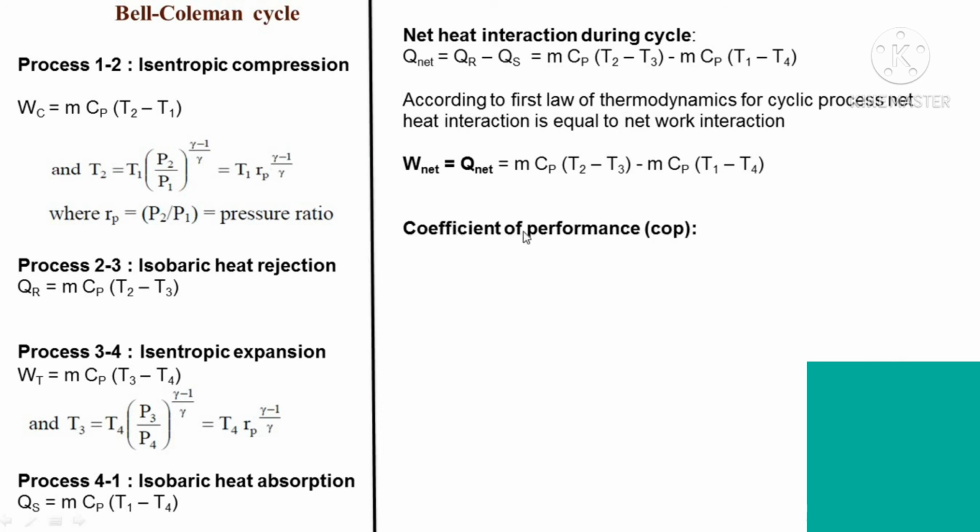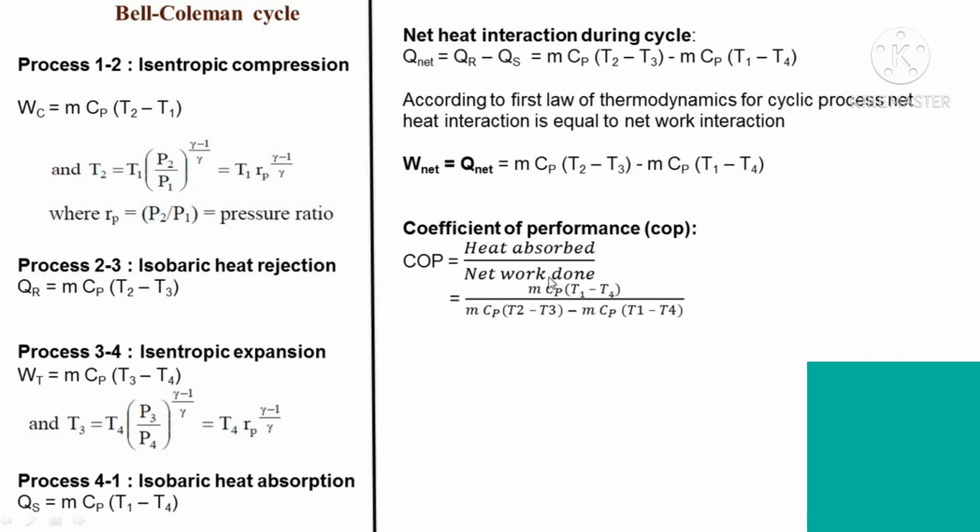So as we know that coefficient of performance COP is given as COP equal to heat absorbed divided by net work done or work supplied. So heat absorbed is what? Qs, that is mCp (T1 minus T4), and net work done is mCp (T2 minus T3) minus mCp (T1 minus T4).